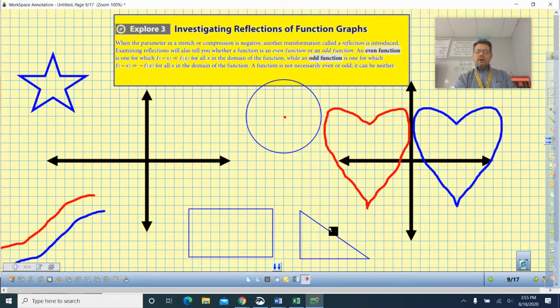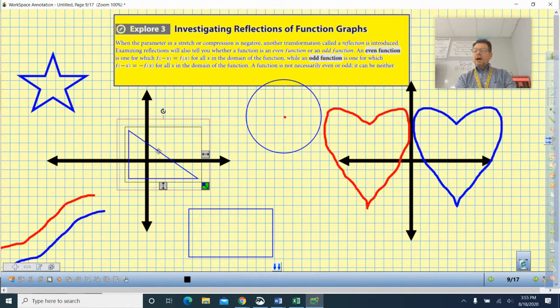Well, how about my little triangle here? Let's put my triangle over here. Can I put it any which way on this coordinate plane in which if I reflect it across the y-axis, I'll get back what I started? No, there is no way possible. So my triangle is not an even function, okay?